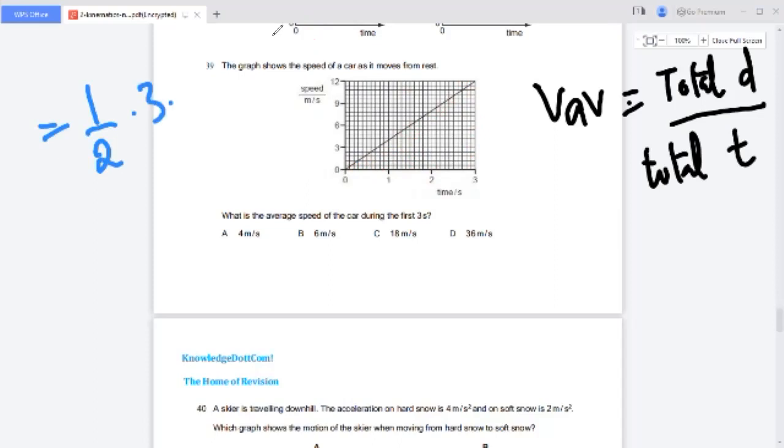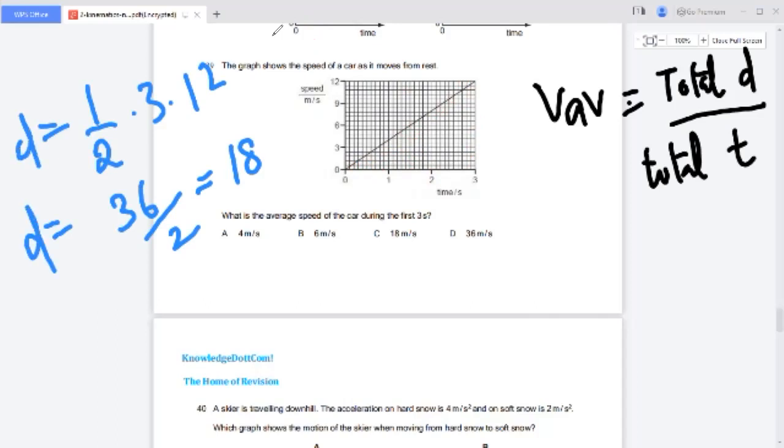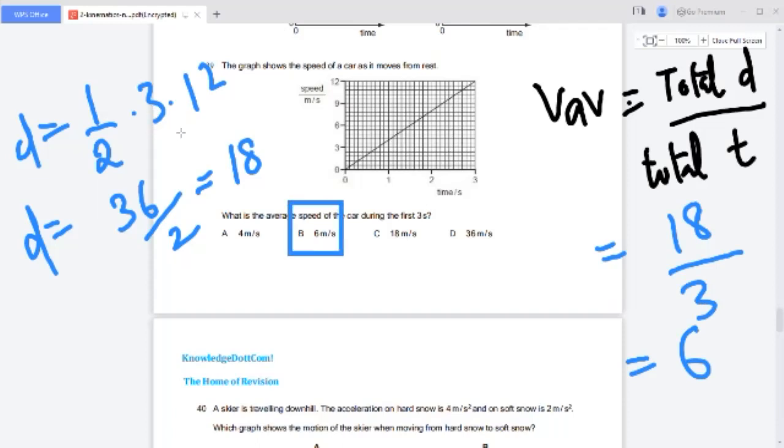Base is 3, height is 12, so it would be 36 over 2, which is 18. So the distance is 18. Now the average speed is, total distance is 18 and total time taken is 3, so it would be 6. So the correct option is 6, and this is the correct option.